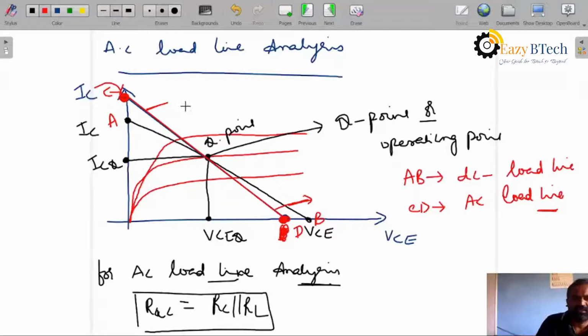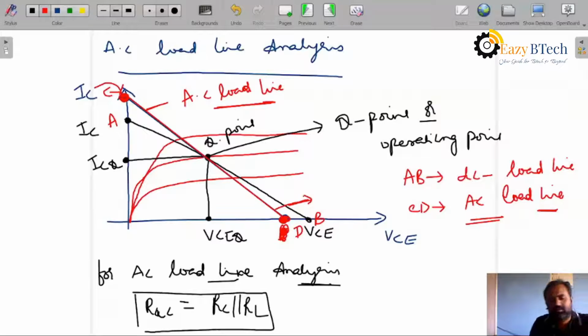Okay, this is an AC load line between C and D, and the DC load line is between A and B. Okay students, this is the load line analysis for the BJT transistor.